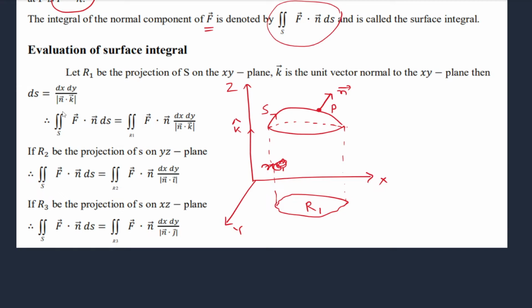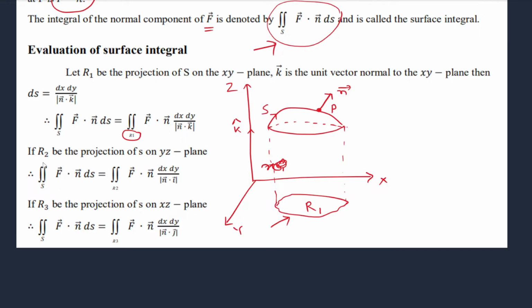So if we put this particular value in the integration, then double integration over S of F bar dot n bar ds equals double integration over R1, since we are concentrating on the projection, of F bar dot n cap, and in place of ds we can write dx dy divided by modulus of n bar dot k bar.